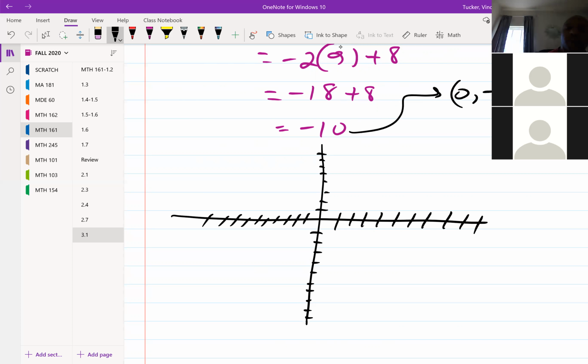Our vertex is 3, 8. So go to the right 3 and up 8: 1, 2, 3, 4, 5, 6, 7, 8. Yep, that's my vertex, 3, 8. Then I have x-intercepts at 1, 0 and at 5, 0. Then I have a y-intercept at 0, -10, which is down here.